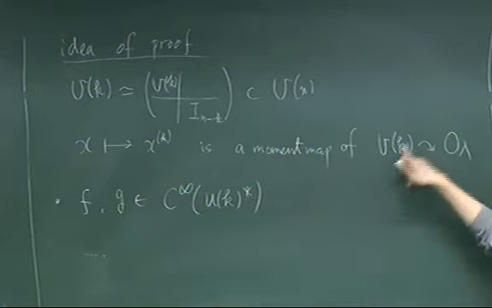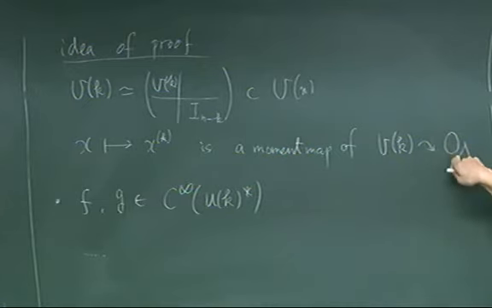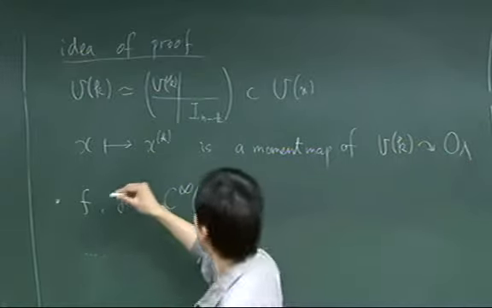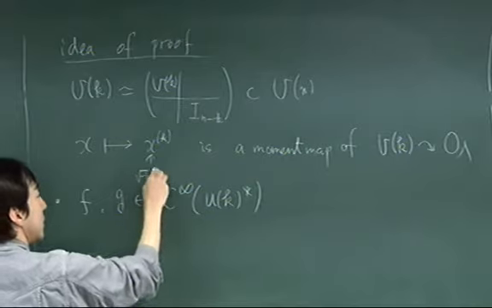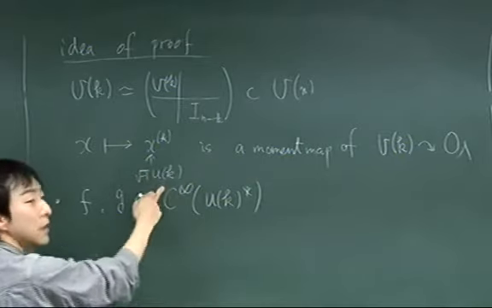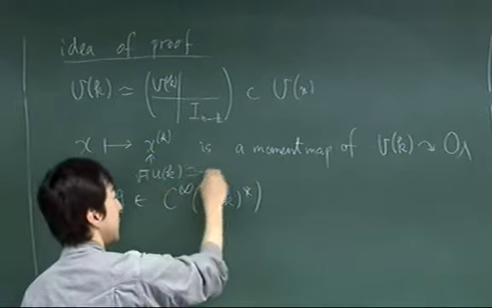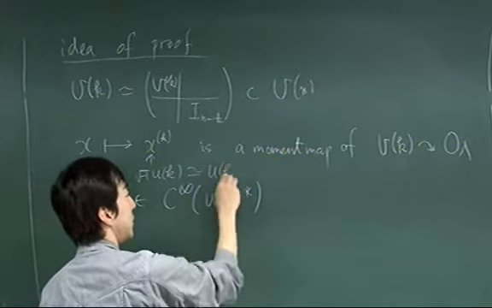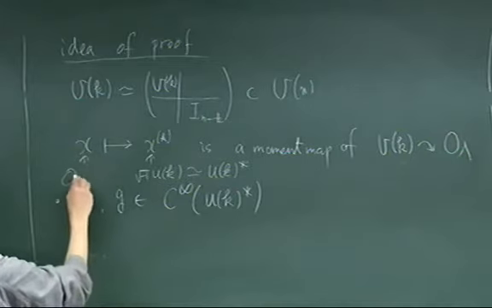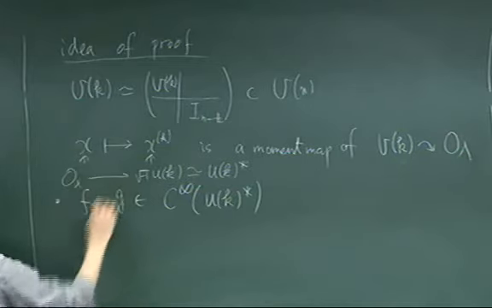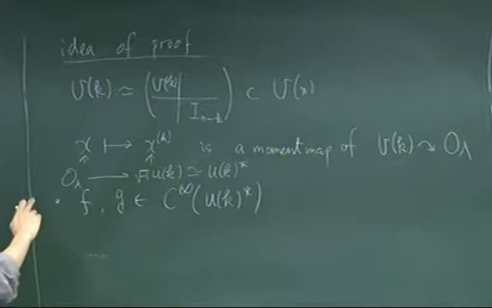So Xk is a matrix, considered as a Hermitian matrix of size k by k. This can be identified with the dual of UK. And this is a point in O lambda, and this is a moment map of this action.